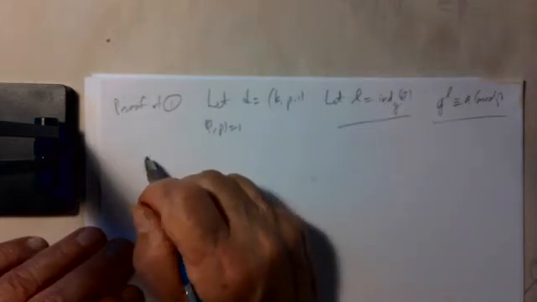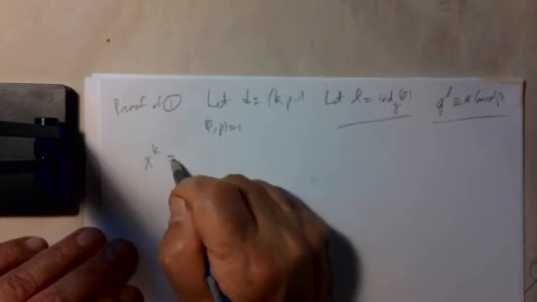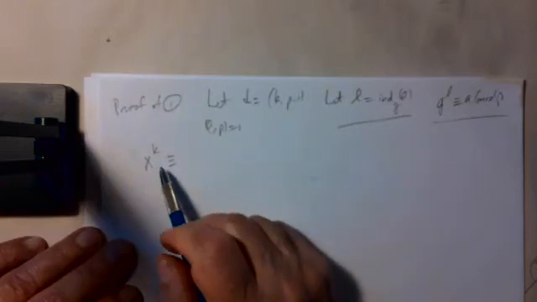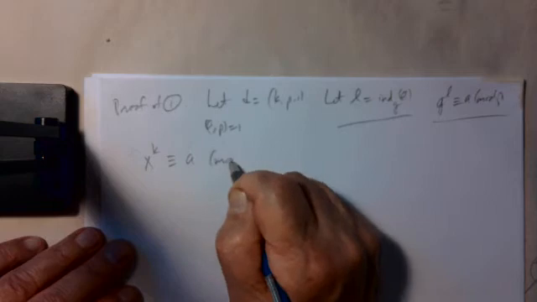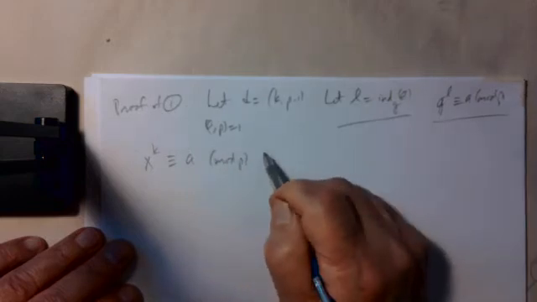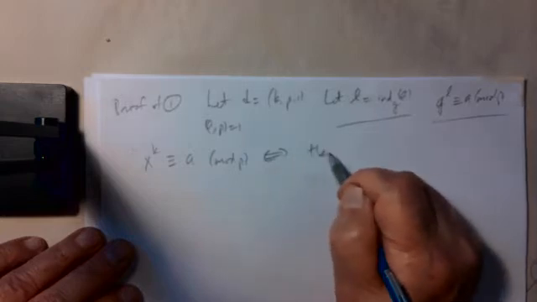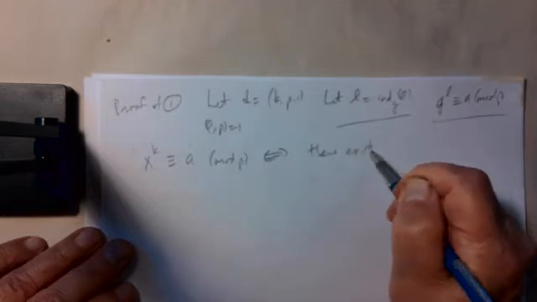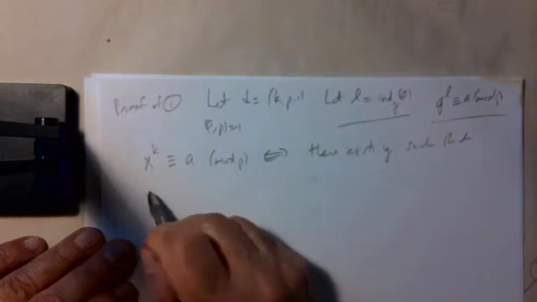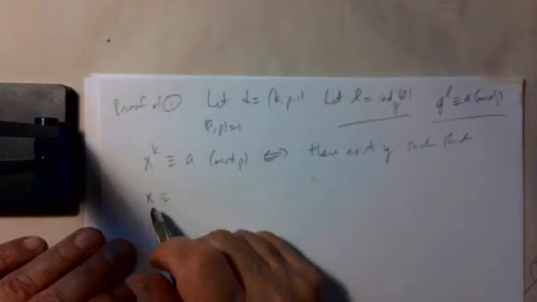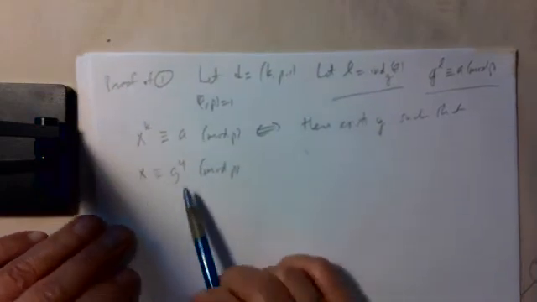There exists an x such that x to the k is congruent to a mod p if and only if there exists a y such that x is g to the y mod p.